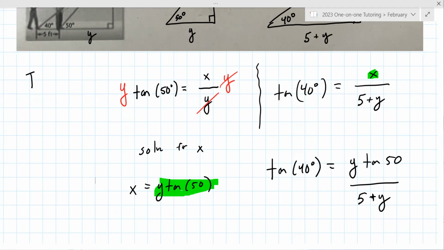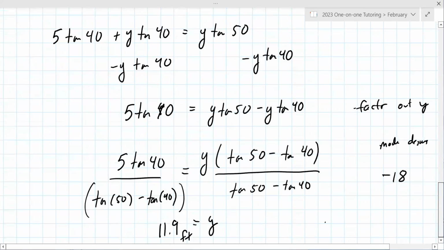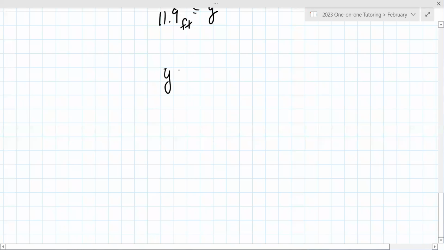Do you have a final answer for me on that one? Yeah, I'm about to get it. Okay. x is 10. So I mean, you don't make this overly complicated. Your x is y times the tangent of 50.